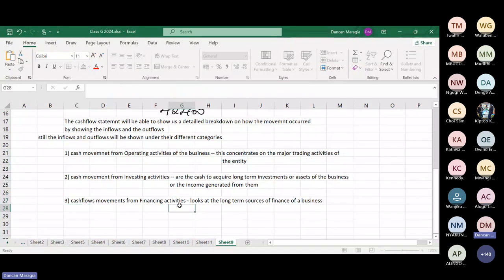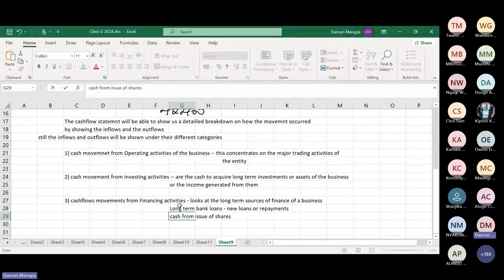Majorly, here we look at long-term bank loans, new loans or repayments, and cash from issue of shares.